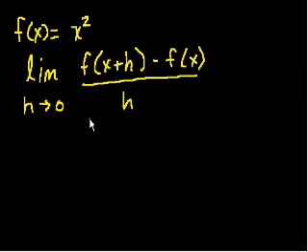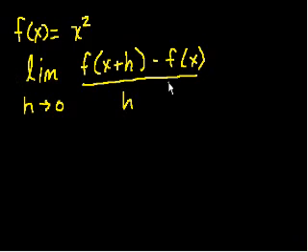And this part right here is just the slope formula that you learned years ago. It's just change in y over change in x. And all we're doing is seeing what happens as the change in x gets smaller and smaller as it approaches 0. And that's why we can get the instantaneous change at that point in the curve.